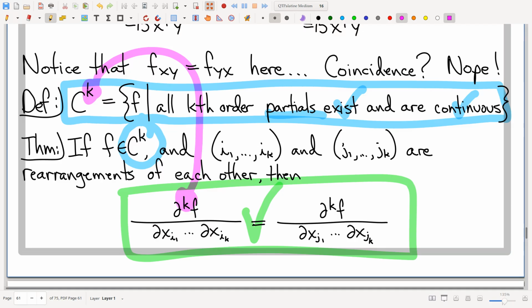You can take all the derivatives you want of polynomials, derivatives of those derivatives, and derivatives of the derivatives of the derivatives. If they're polynomials, you're always going to get other polynomials until eventually you get zero. And you can, of course, take as many derivatives as you want. So for polynomials, no problem.